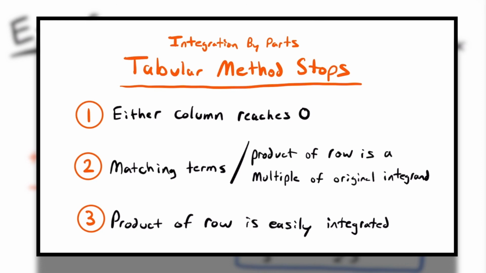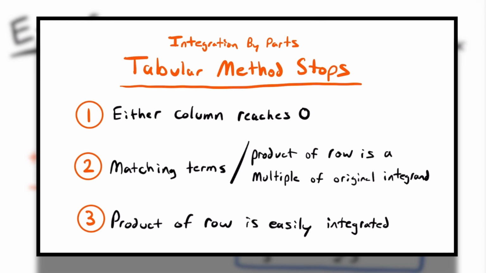The second stop is if you see matching terms, or in other words, if the product of a row is the multiple of the original integrand, or what is inside your integral. And the third stop is if the product of a row is easily integrated, as you saw with our last example. If you can multiply 2 terms in a row together to get a nice term that can be integrated without integration by parts, then you want to stop there.